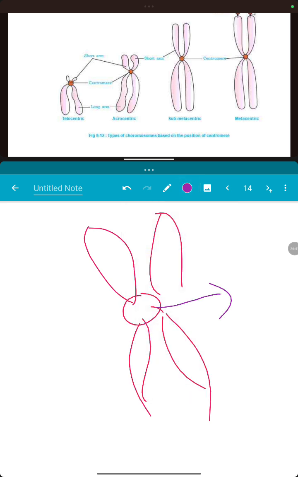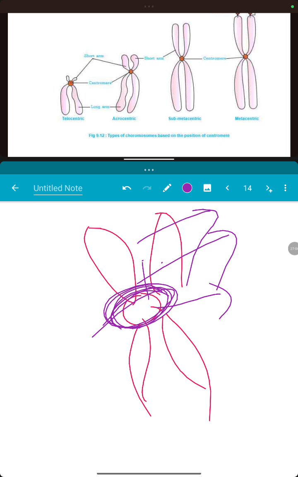The centromere position changes. In a metacentric chromosome it will be here; in a submetacentric it will be slightly upward; in an acrocentric slightly more upward; and in a telocentric it will be present here.